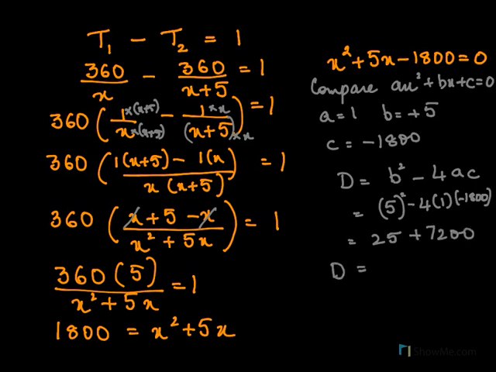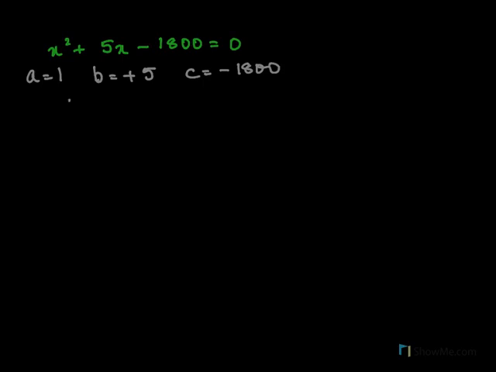So my D comes as 7225. This is my D, which I'm going to use later. So my equation was x square plus 5x minus 1800, and I got my a as 1, b as 5, c as minus 1800, and the D was obtained as 7225.